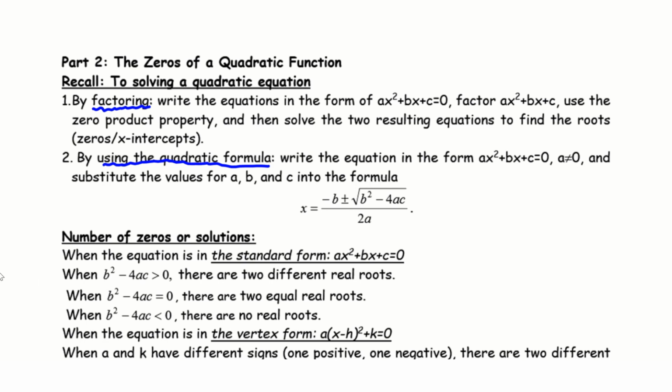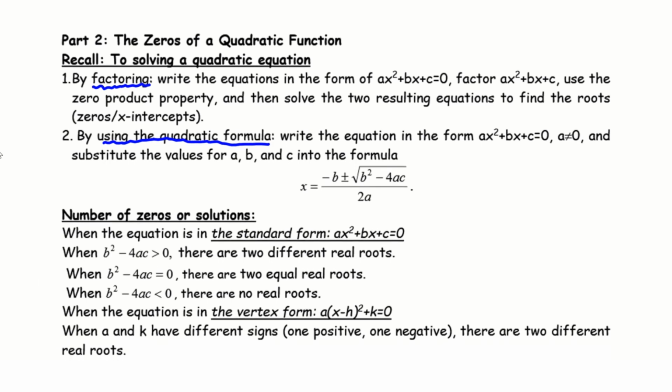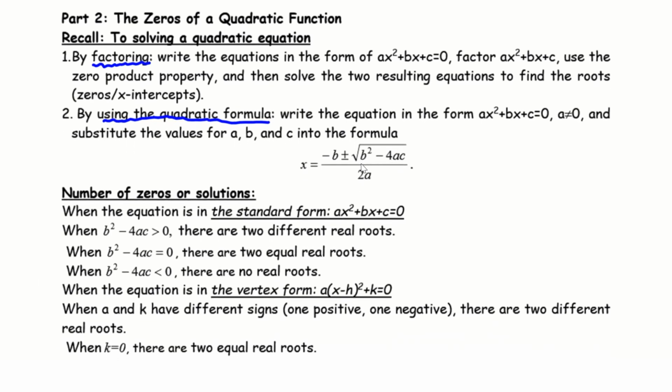And the number of zeros you will see from what is under the square root in the quadratic formula. If the square root equals 0, then plus minus 0, so x equals negative b over 2a only. Plus minus 0 will be the same.